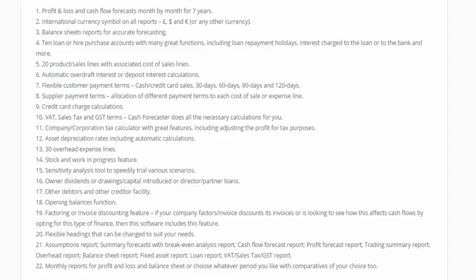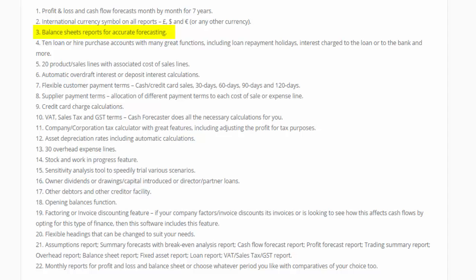One of the most important points of preparing cash flows is to make sure everything balances. The last thing you want to do is prepare a set of cash flows and present them to, say, a bank or your directors or whoever it is you're presenting it to, and for something to come out where it doesn't actually make sense.